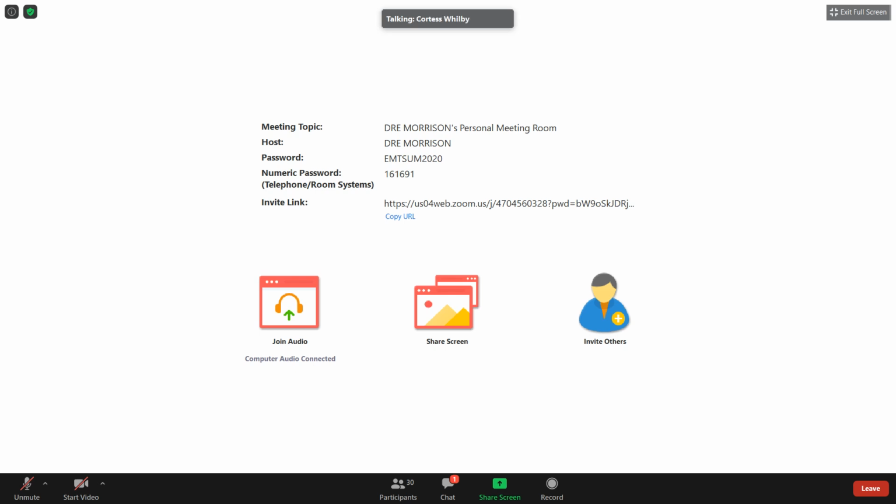Back on the Zoom screen, beside record and chat is share screen. So click on share screen now. When you click on that, the next thing is supposed to pop open.